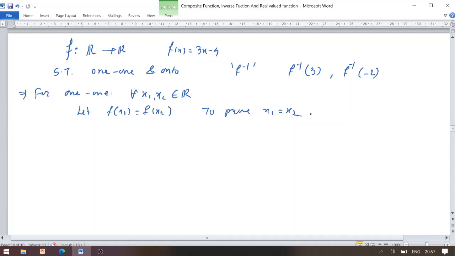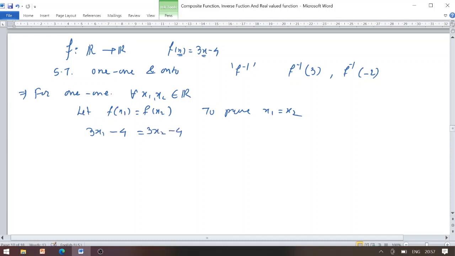Once x1 equals x2, the given function becomes a one-one function. So what is the value of f of x1? It becomes 3 times x1 minus 4. We replace x in f of x by x1. Same thing, what is f of x2? Replace x by x2. We get 3 times x2 minus 4.